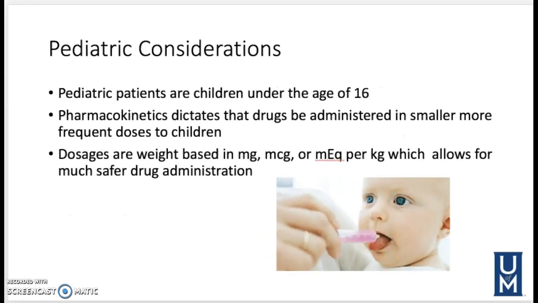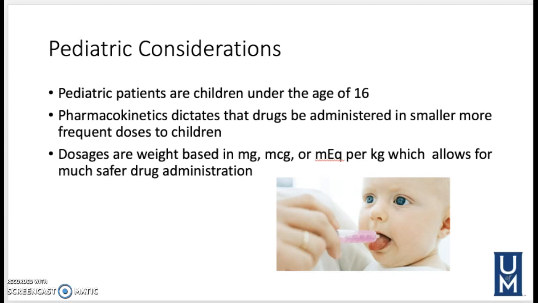So as we already mentioned, for our patients that are less than 16, we're going to have to consider a different way to understand the amount or the dosage for those patients. So pediatric patients are children under the age of 16. And pharmacokinetics dictates that drugs must be administered in smaller, more frequent doses to children.